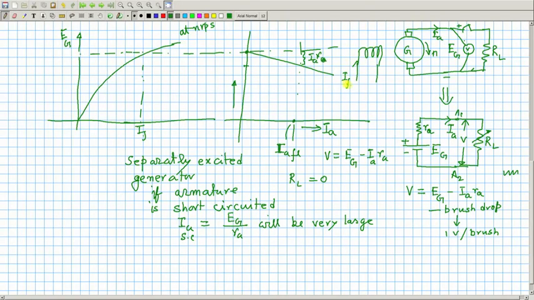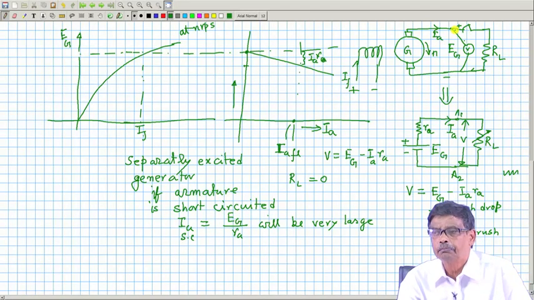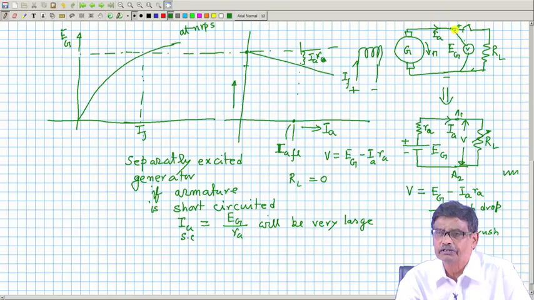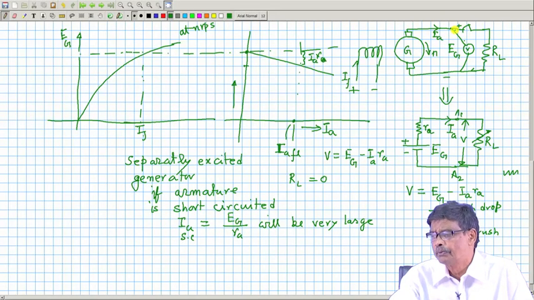You excite the generator from a separate DC source, run it at rated speed, adjust the field current so that rated voltage is generated under open circuit condition, then start loading the generator. But during this test, you must maintain the speed of the machine constant. If speed changes a bit, the tendency will be a drop in speed because the prime mover torque and electromagnetic torque have to balance, and electromagnetic torque acts in the opposite direction.